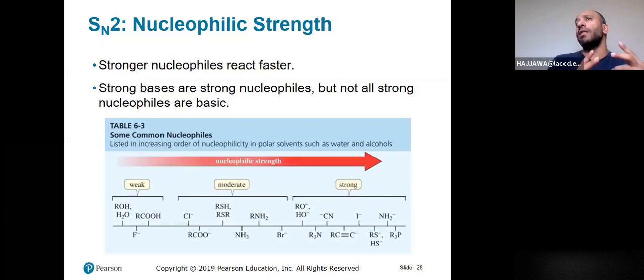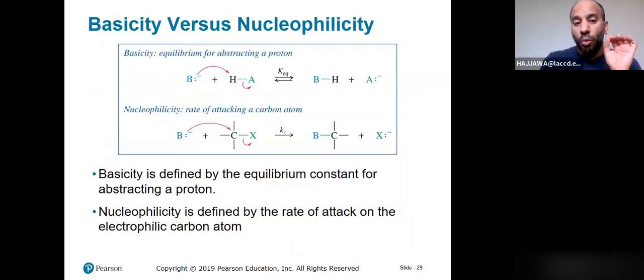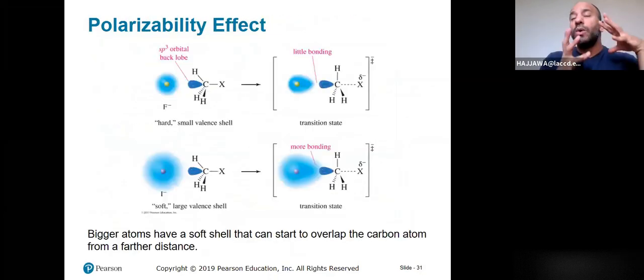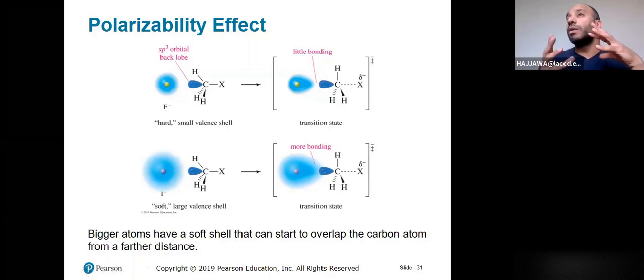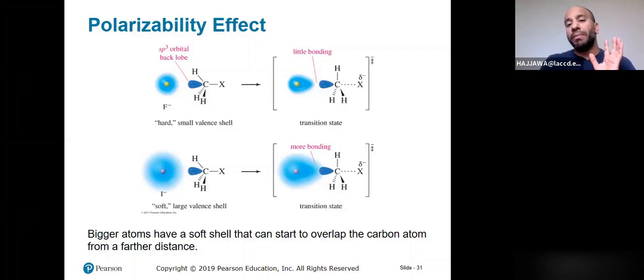Basicity has to do with abstracting a hydrogen from an acid. Nucleophilicity has to do with the atomic size of the atom. So if I take fluoride versus iodide, the bigger the atomic size, the softer it is. And when it is a softer atom, it easily overlaps with the back lobe of the C-X bond in the alkyl halide structure.